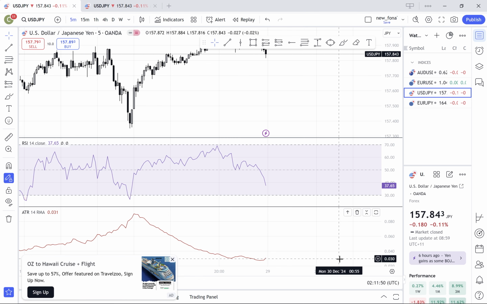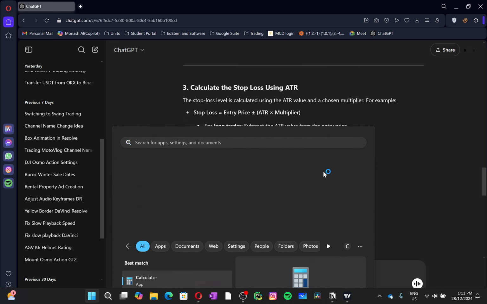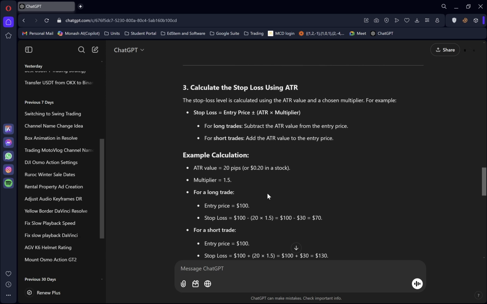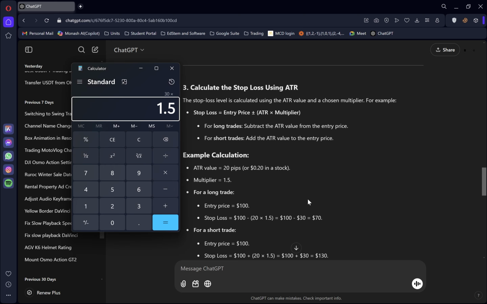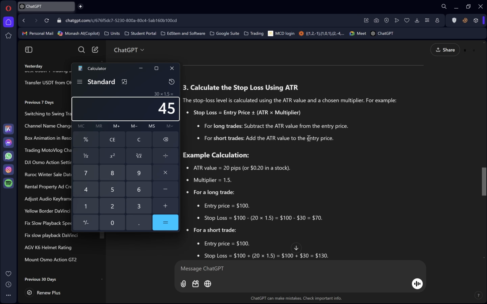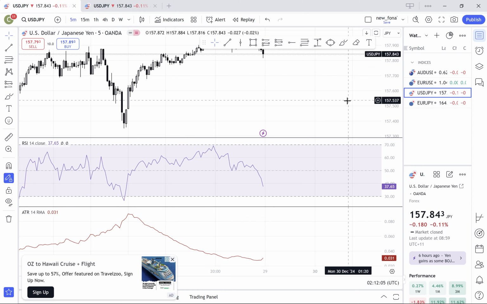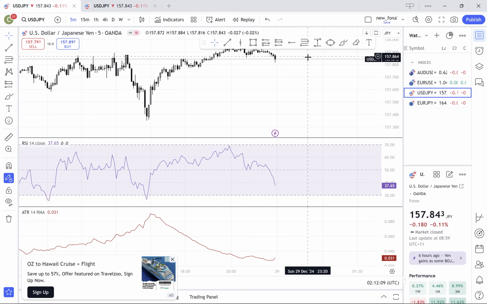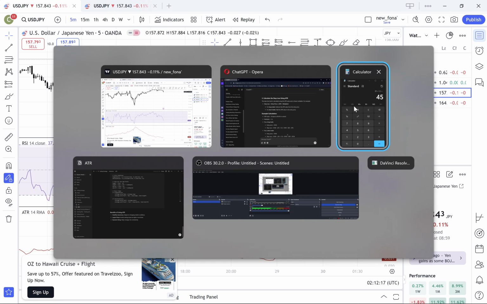So let's say the value is 0.30 pips times 1.5, which will be 45. So let's say the entry price is at this position, 157.843.